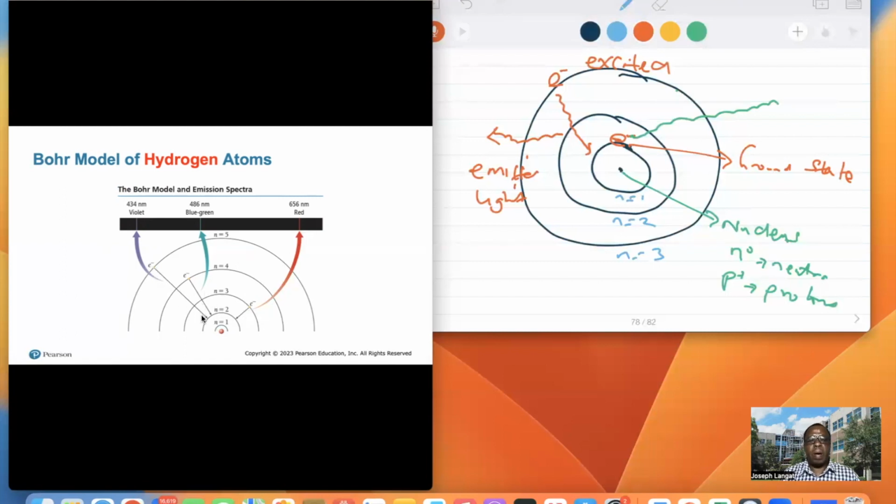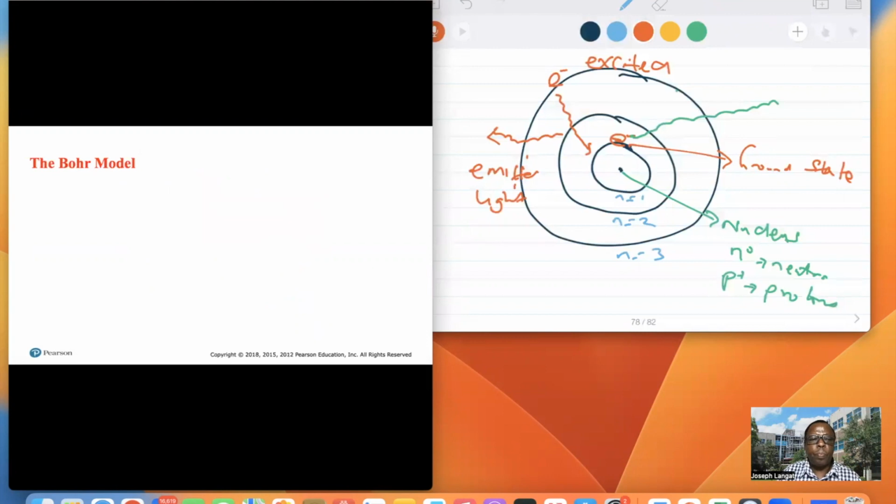Remember, this is explaining the lines, explaining the calculation for hydrogen. And I cannot stress enough that Bohr was only working with the hydrogen atom, not any other system. So when you look at this illustration, understand it is only hydrogen.